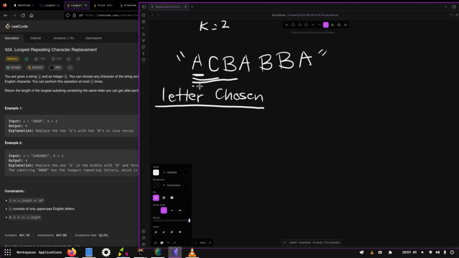Okay, now sliding window increases by 1. And I think now it started to become clear to me that the letter chosen is the letter with the most occurrences within that substring. So here we're allowed to also replace two of these letters.